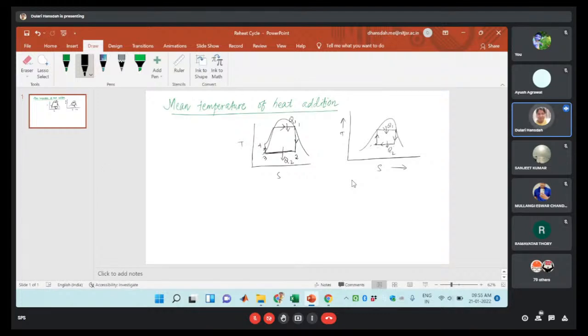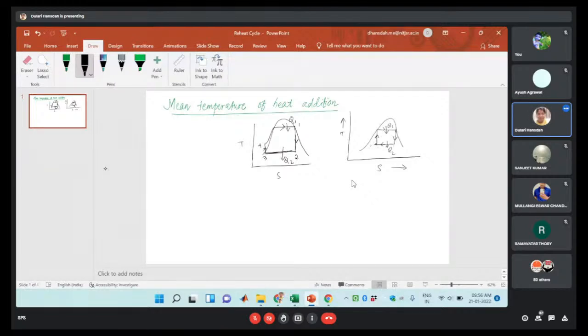In case of the Carnot cycle, the operating temperature is maximum as compared to the Rankine cycle. For that reason, the heat addition is more if we are taking the maximum temperature. In that case, your efficiency will be more as compared to your Rankine cycle.